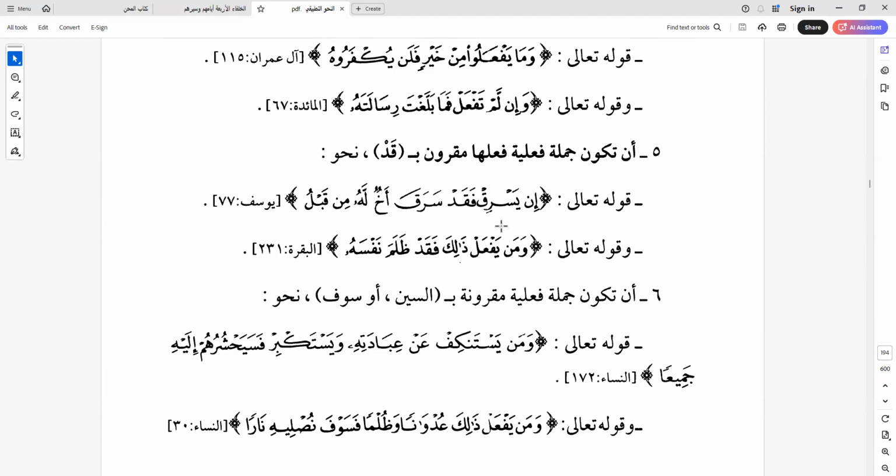He says أن يكون الجملة الفعلية مقرونة بالسين. أن يكون بالسين أو سوف. For example, ومن يستنكف عن عبادته ويستكبر فسيحشرهم. This is fa al-jawab. And this seen is what? Litanfis, isn't it?